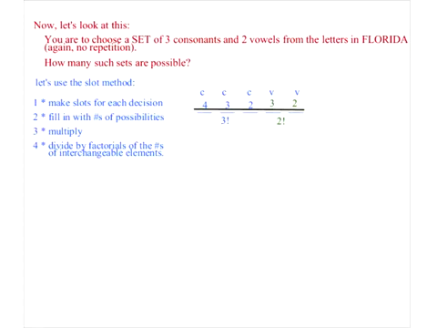Because there are 2 separate interchangeable sets being chosen. Okay, in fact, if you want, you could even conceive of this, I'm going to put some yellow parentheses here, as 2 different problems. And in fact, you could even think of it as picking your consonants separately and picking your vowels separately.